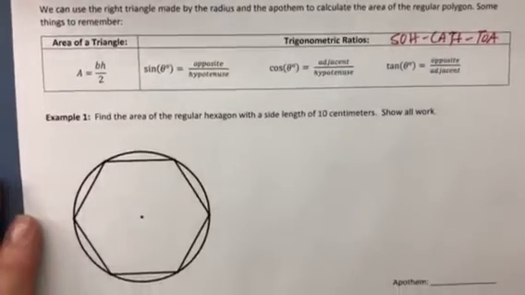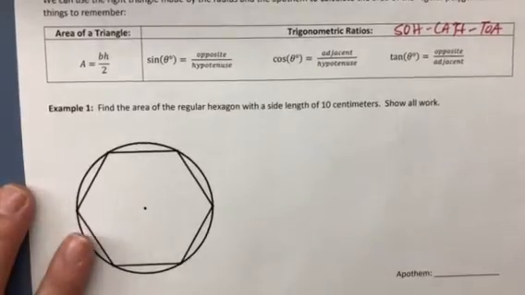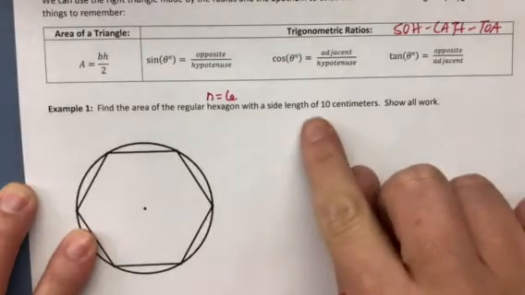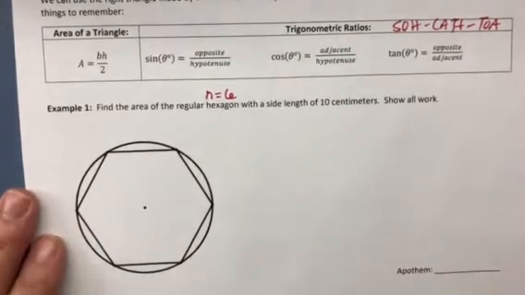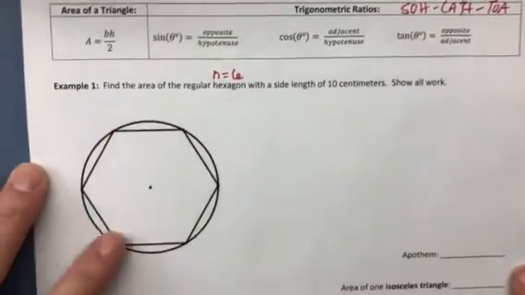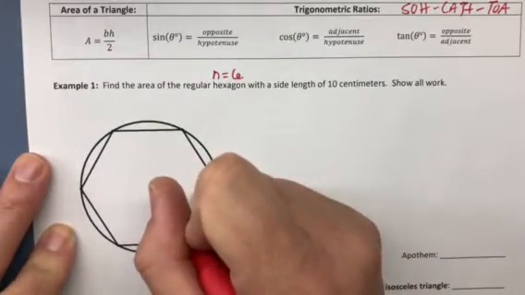All right, example 1. Find the area of the regular hexagon, so I know I've got 6 sides here, with a side length of 10 centimeters, show all work. So here's what we're going to do. The first thing I would do is in my hexagon, I would go ahead and draw in all of the radii.